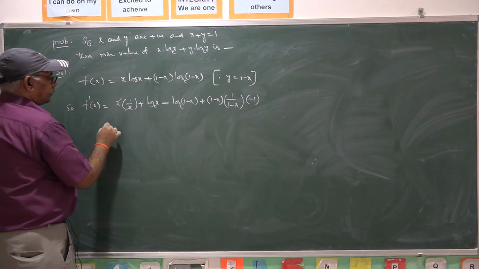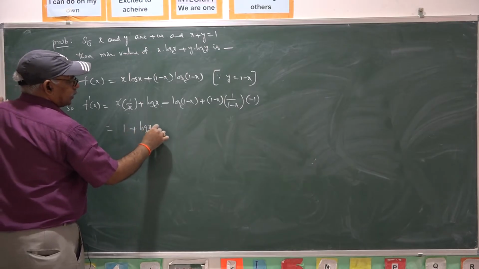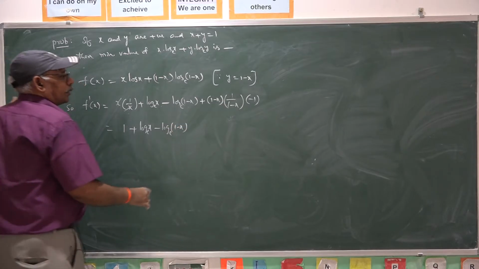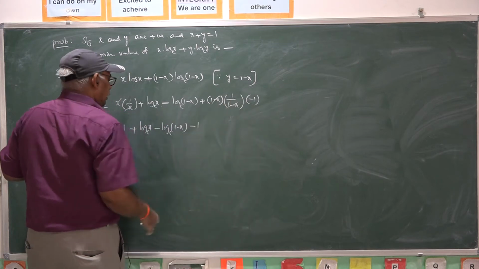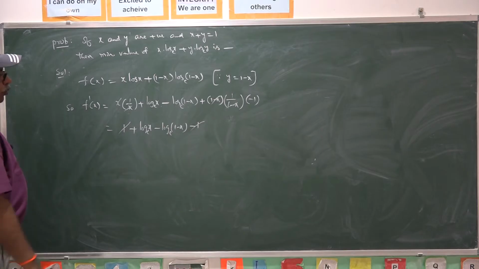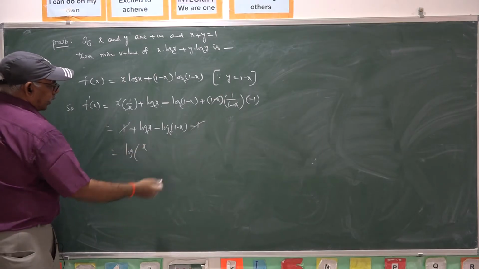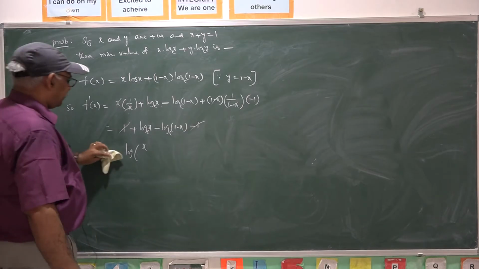Hence you can remove this: 1 plus log x to the base e minus log(1 minus x) to the base e. This is clearly minus 1, so this 1 and minus 1 can be removed. So that is log of x by (1 minus x), or otherwise you keep it like that.